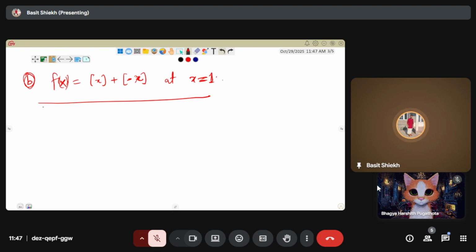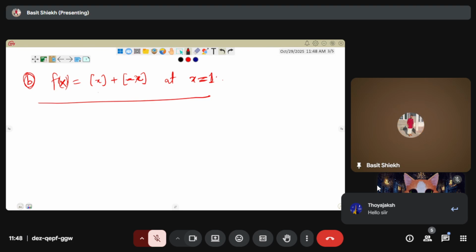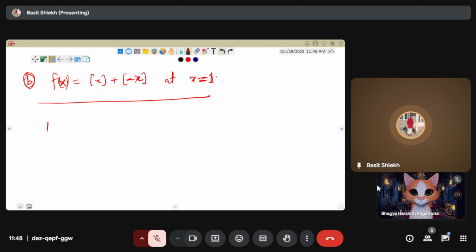Okay, let's start this question. F of x equals to gif of x plus gif of minus x at x equal to 1. Take LHL, left hand limit, at x equal to 1. So limit x going to 1 minus, plus, minus.